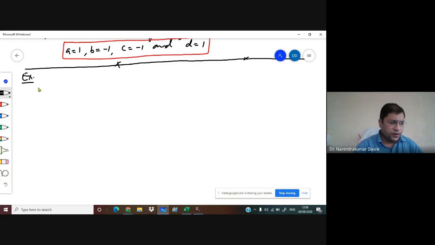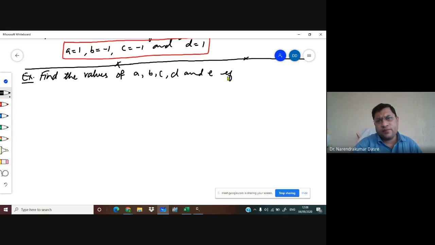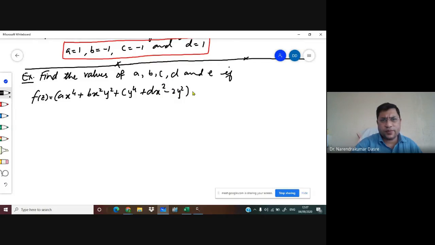Find the values of A, B, C, D, and E if f of z is equal to A x raised to 4 plus B x square y square plus C y raised to 4 plus D x square minus 2y square plus i (4x cubed y minus E x y cubed plus 4xy) is analytic.